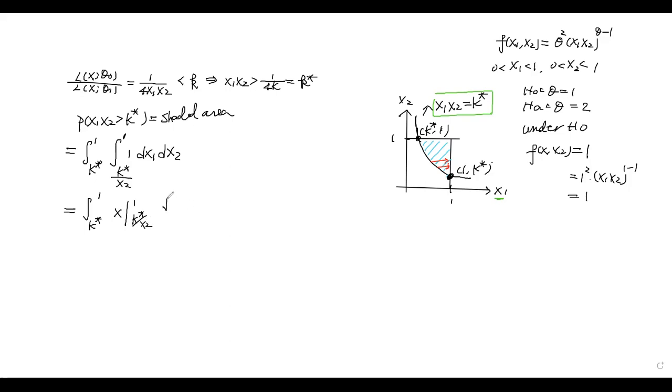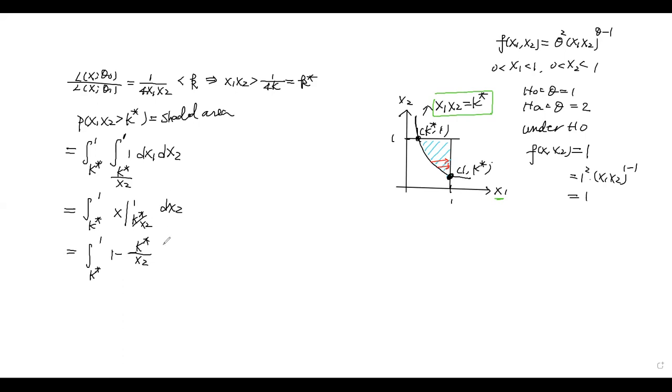I still have a dx2 here. Substituting the upper bound, it's 1 minus, and then substituting the lower bound, this will be k star over x2.